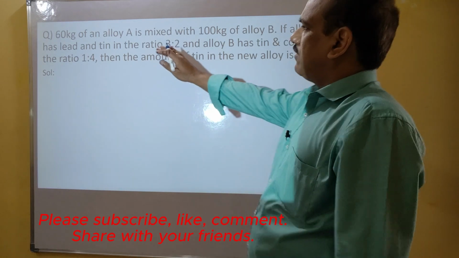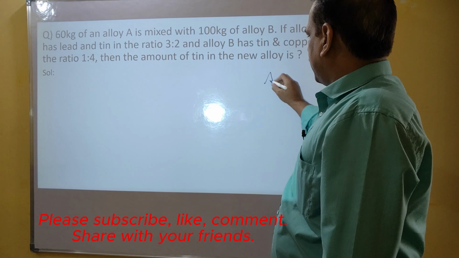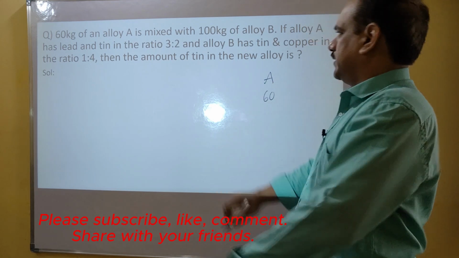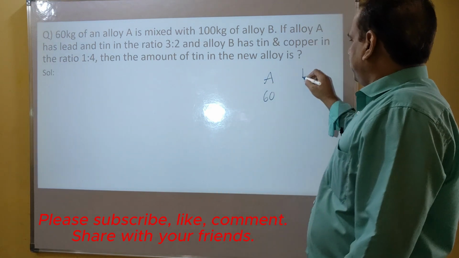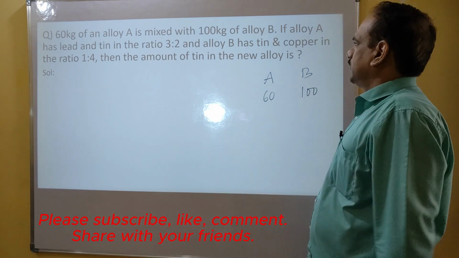If 60 kgs of an alloy A is mixed with 100 kgs of alloy B, alloy A has 60 kgs, alloy B has 100 kgs.